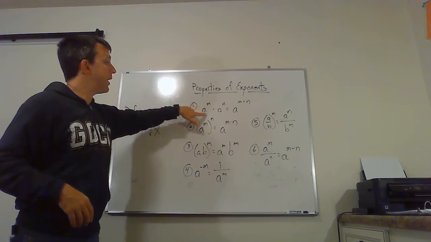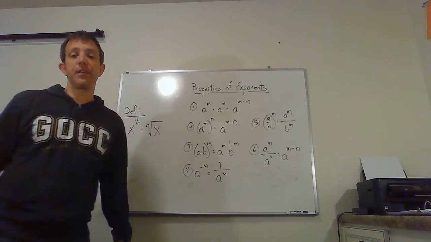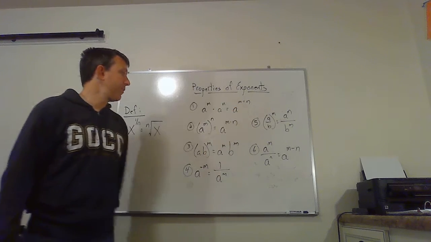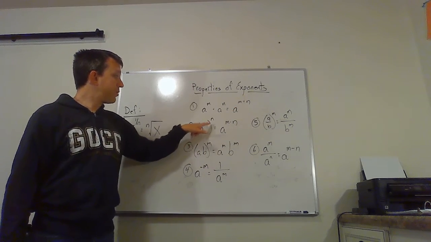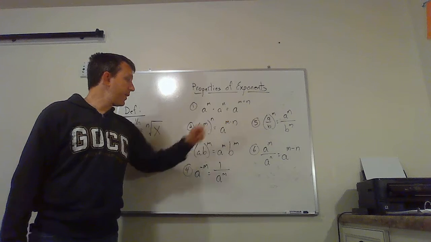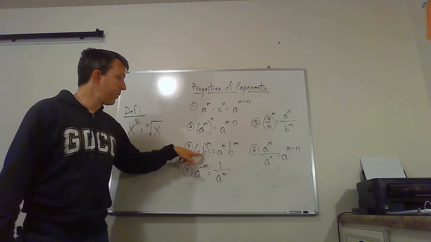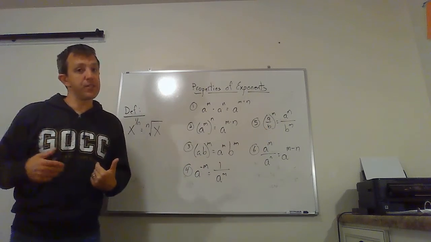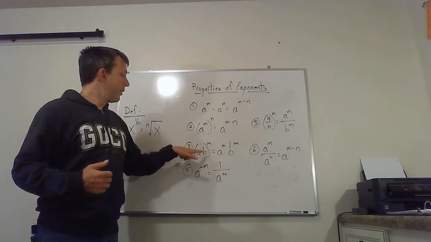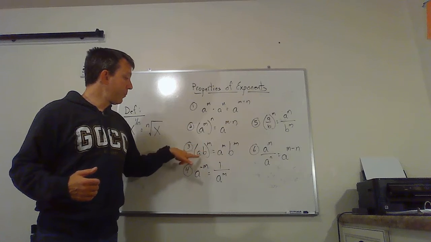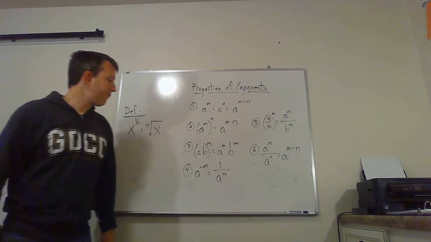The first one, a to the m times a to the n. If you multiply two things with the same base, you can add the exponents. If you raise a base to 2 powers, you can multiply the exponents. If you have multiplication, now notice I have one for multiplication and one with division. I don't have addition and subtraction in there. If I do that, I can take the power to both pieces, so a to the m times b to the m.